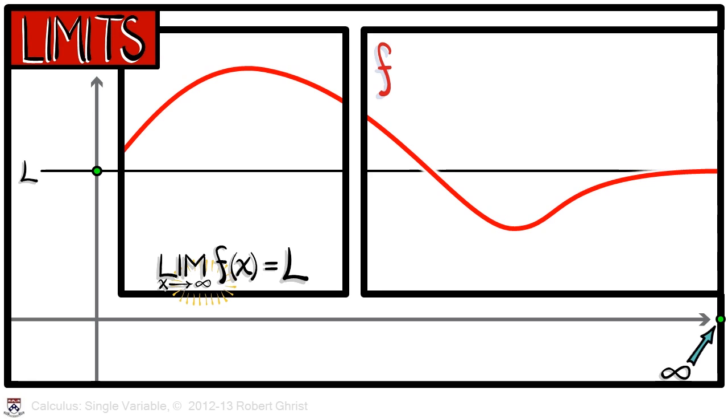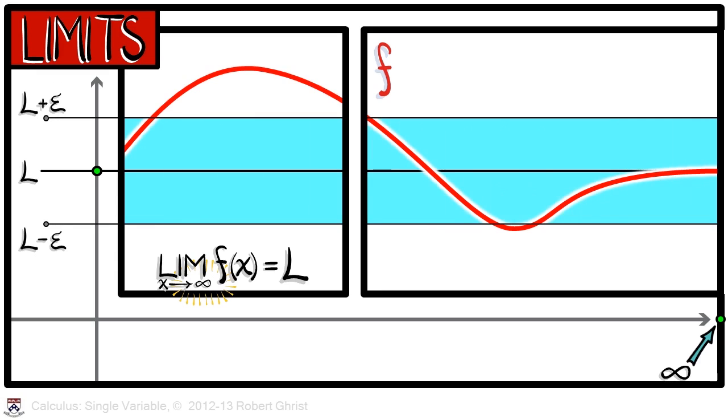Now, this is a dangerous thing to do if you don't know what you're doing, but let's think about it from the perspective of our interpretation of a limit. Given any output tolerance, epsilon, there must be some tolerance on the input that guarantees striking within epsilon of L.